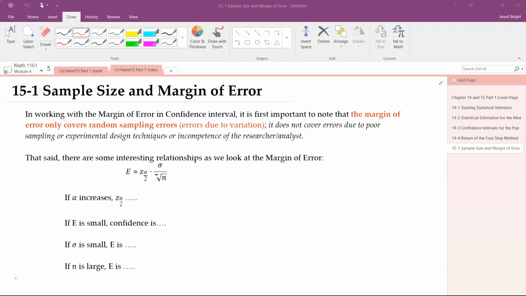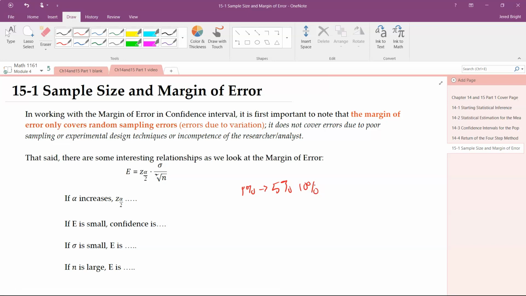On a different note, when we look at the margin of error itself, there are some interesting relationships. As alpha increases, what's the behavior of the z critical value? As alpha goes from 1% to 2% to 5% to 10%, there's more area left on each of the tails.